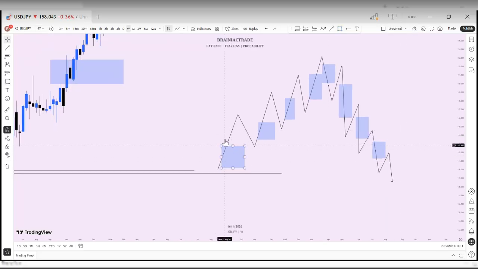After the market sweeps some liquidity here, takes out an external range liquidity, price draws back to the internal range liquidity. So this internal range liquidity now pushes the market up to sweep this high here.